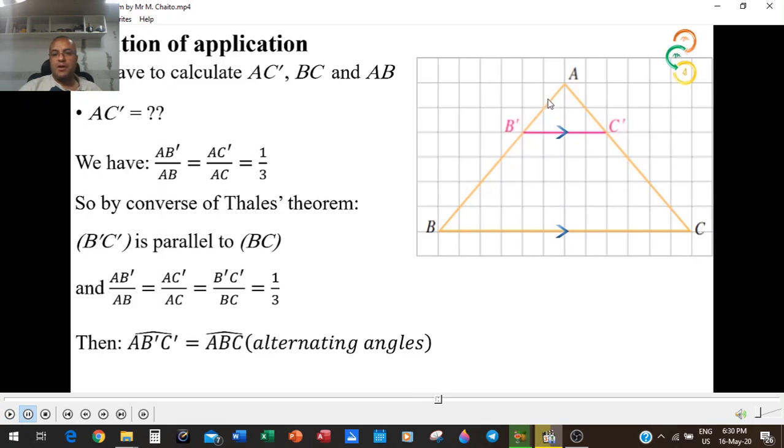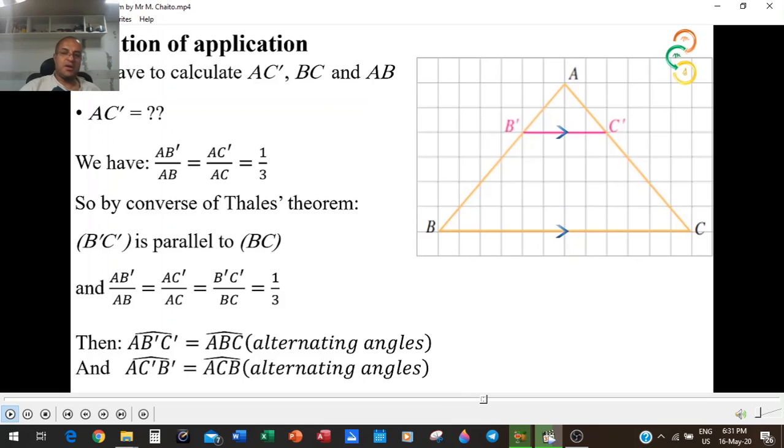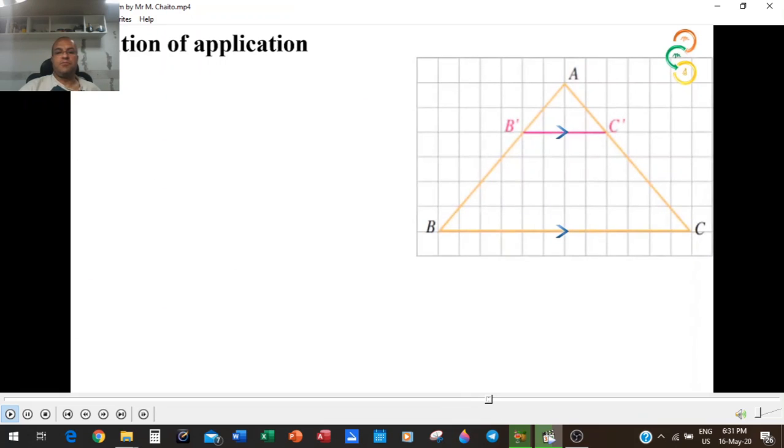Then angle AB prime C prime is equal to angle ABC, alternating angles. Also angle AC prime B prime equals angle ACB, alternating angles. But angle ABC equals angle ACB.